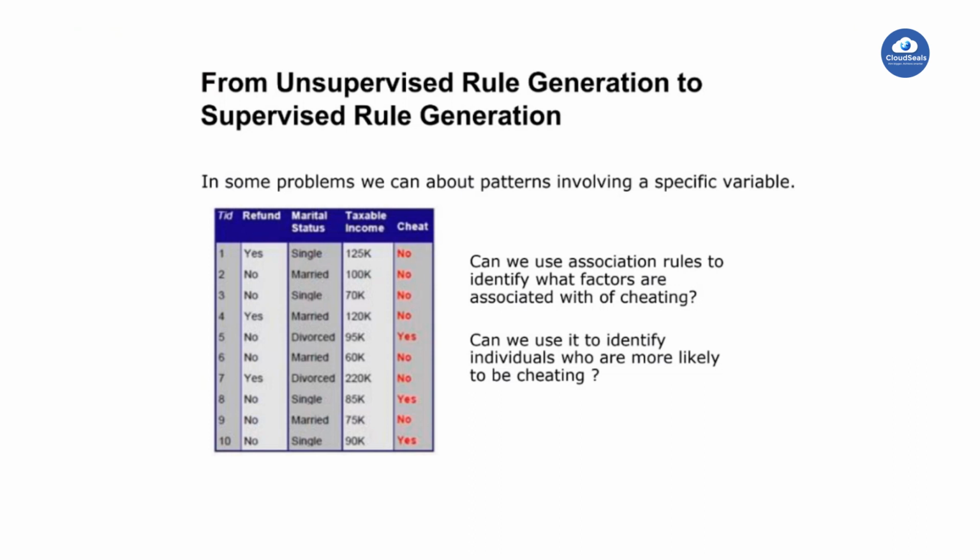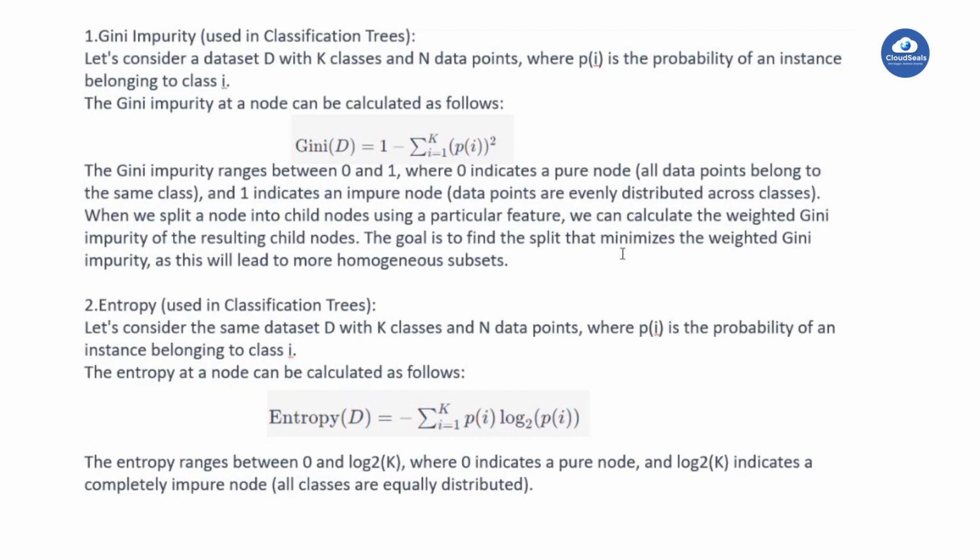That means that is impure. If it is one, it doesn't have even 5% information about the dependent variable. Due to that, by using refund, we can't say whether it is cheat or no, at least with 5% confidence.